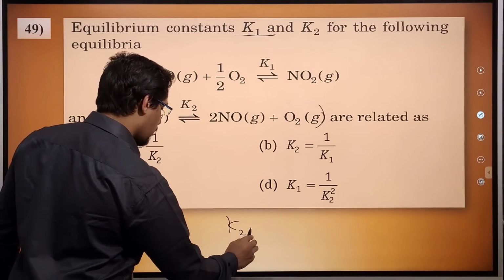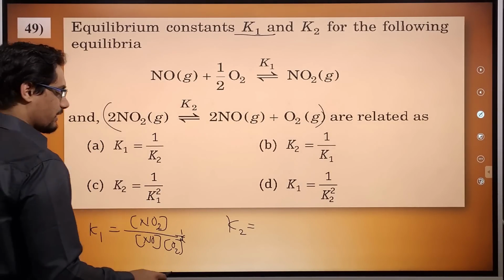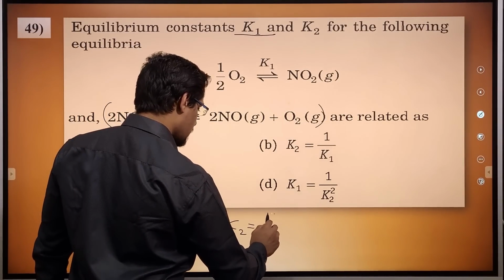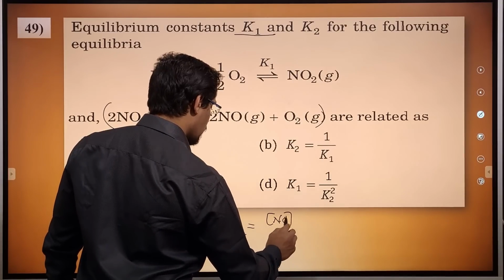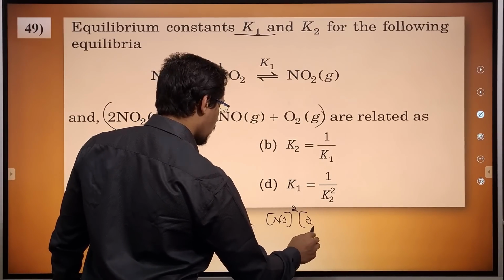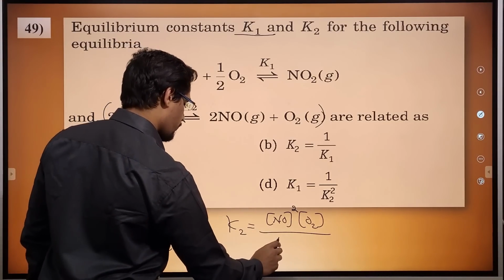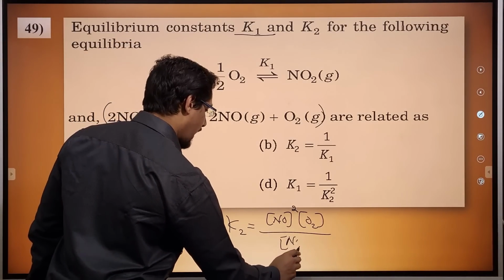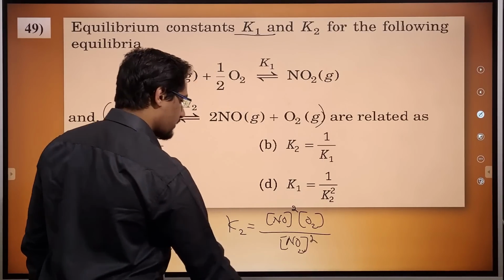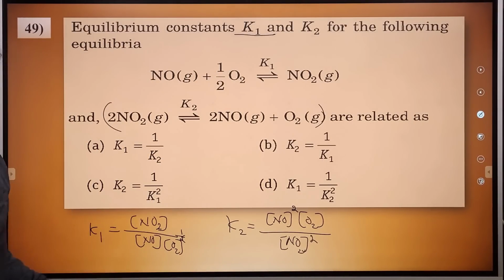K2 is equal to what? They have given the product as NO square into O2 divided by NO2 square.